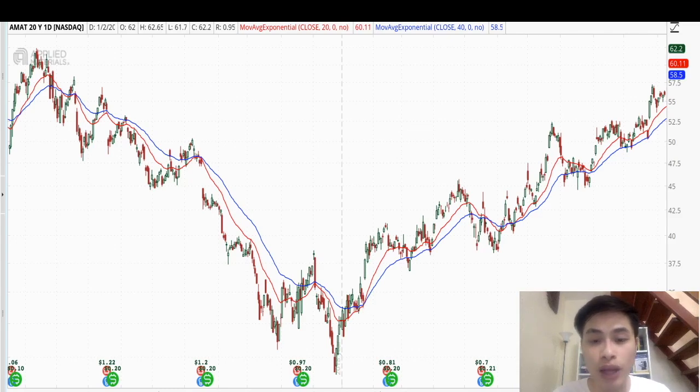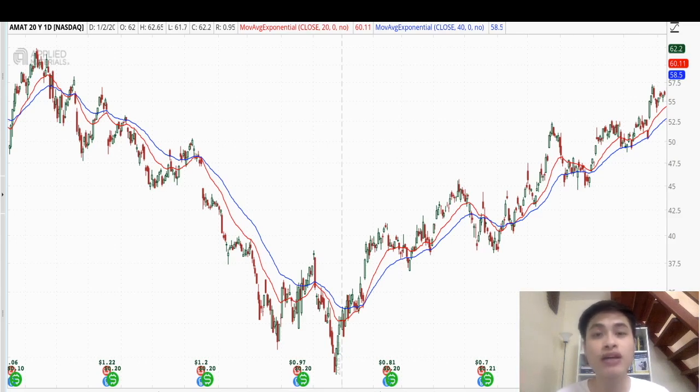It shows us that the moment the shorter term moving average crosses above the longer term moving average, this is a moving average crossover strategy. And when the shorter term moving average is above the longer term moving average, prices are on an uptrend and prices are likely to increase over time. So that is the second moving average trading strategy.